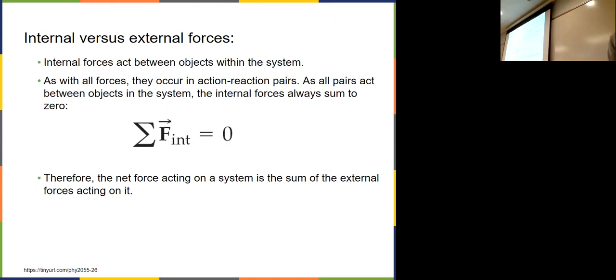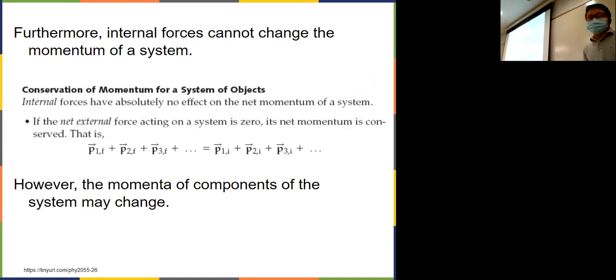All right, if you have multiple objects in a system, there might be internal forces between the objects, but because forces come in pairs, the internal forces will be pairs of action and reaction forces, so they will cancel out because they are in the opposite direction for the pair. Okay, so in that case, if the external force is 0, then the momentum for the whole system should also be conserved. So you have to add up the momentum for each of the objects.